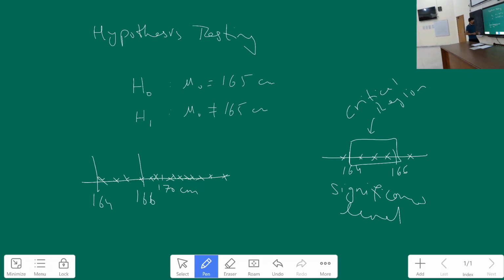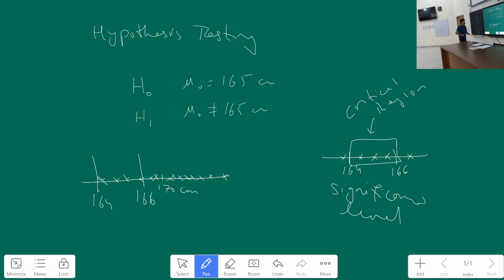Then often to say that a particular sample verifies my claim, we need to design a critical region. If it falls in the region, it's in my support. If it falls outside the region, that sample or that result is against me. So we get the idea of critical region, critical points, the ends of the critical region.